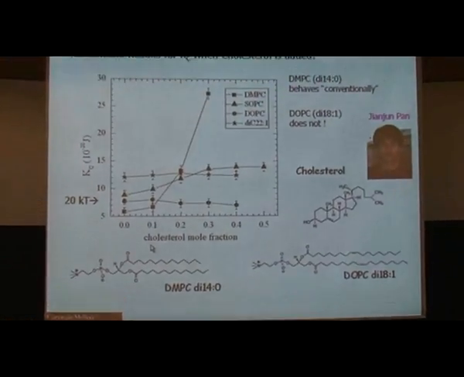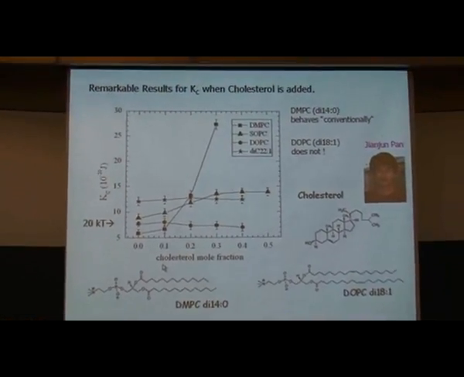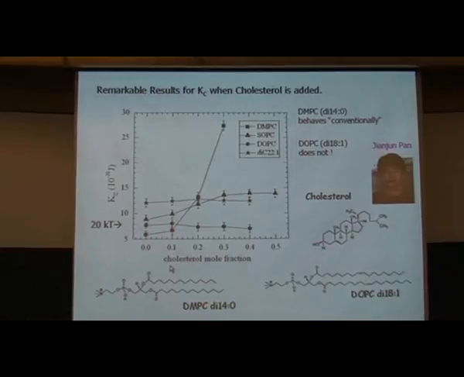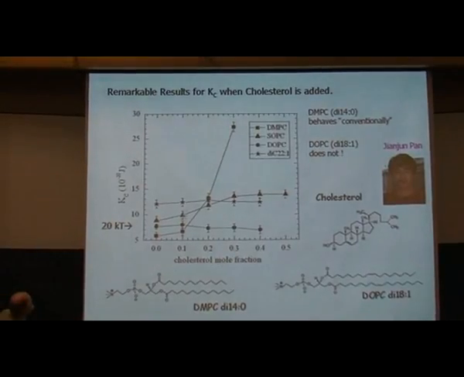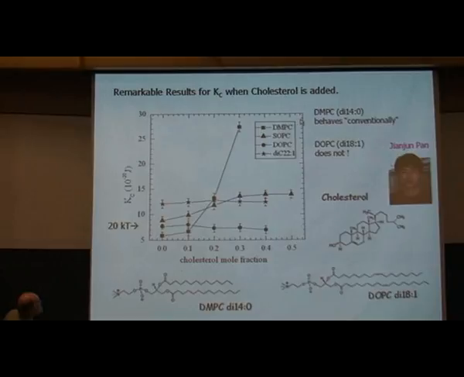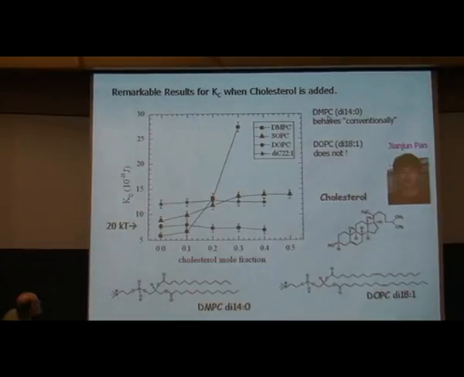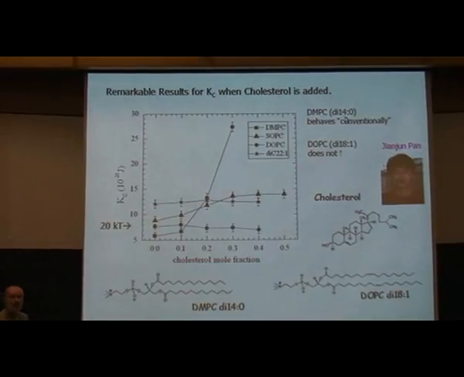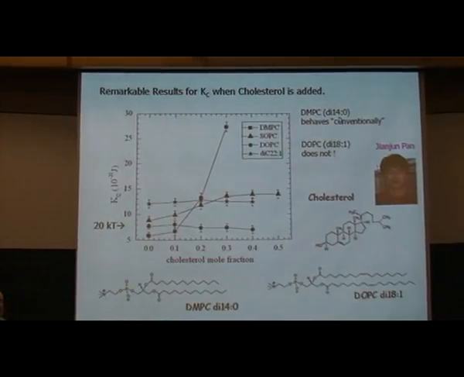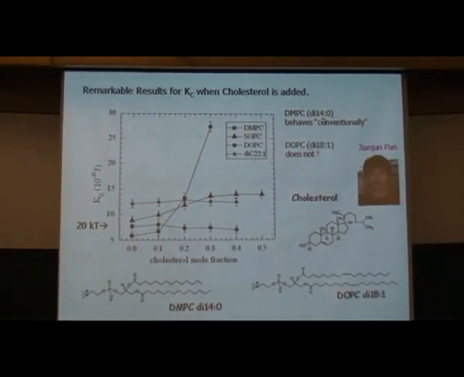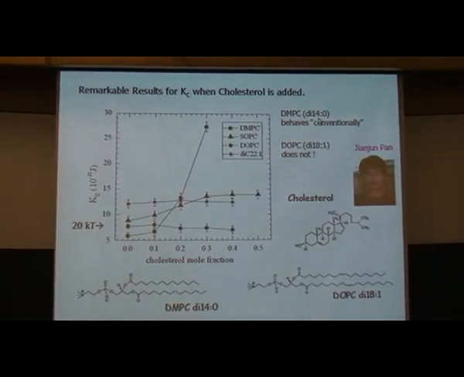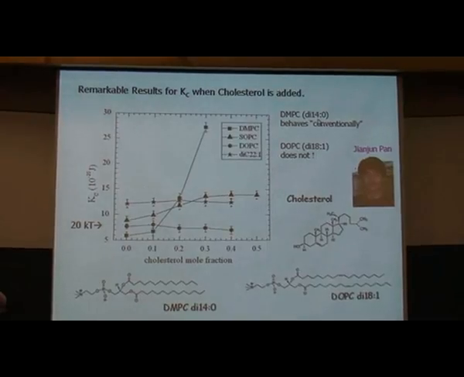Okay, so here's where I needed the thunder. Here's the dramatic result, and it's all on one slide, so let me take you through it. Remarkable results. The molecule with saturated hydrocarbon chains gives the results that most people think of as the appropriate results for lipid bilayers.